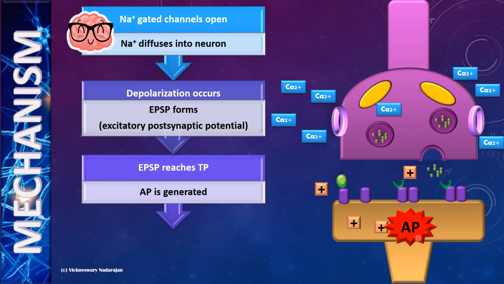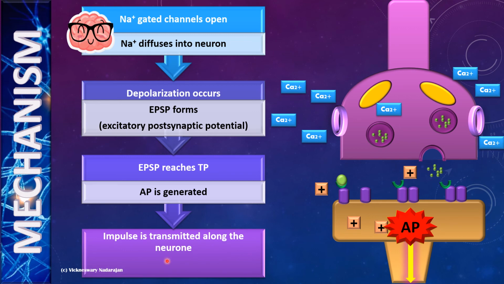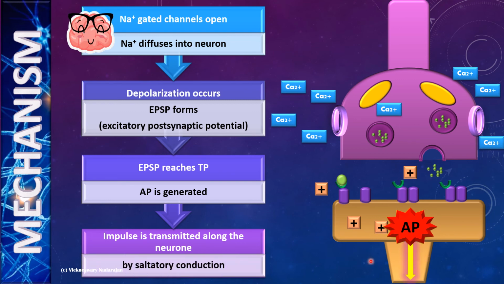Once we have an action potential, an electrical impulse is generated and will be transmitted along the neuron as saltatory conduction. So that is the general mechanism of transmission of impulse across the synapse.